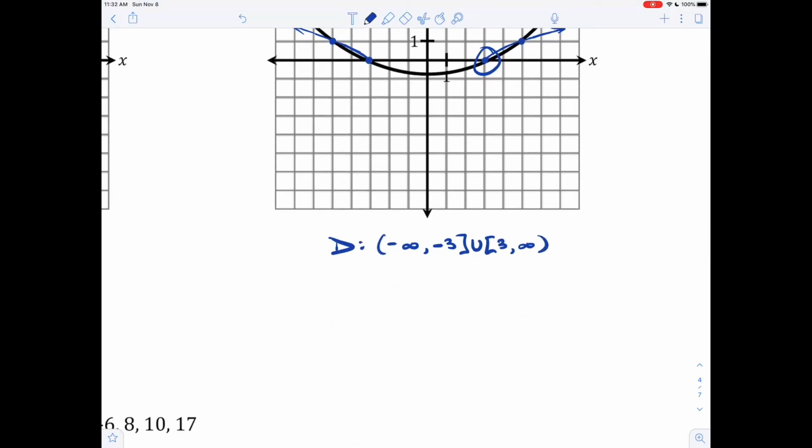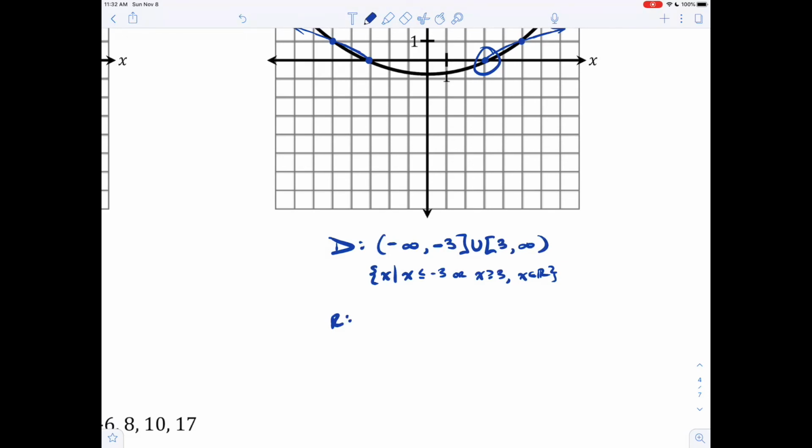If you prefer set notation, we could say that's the set of all x such that x is less than or equal to -3, or x is greater than or equal to 3, and it's a real number somewhere in that span. You don't have to, but choose your preference. As long as you're correct, you're correct.